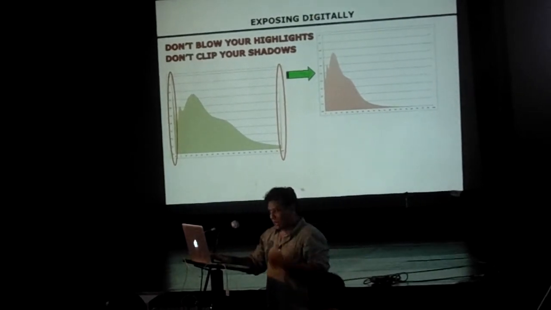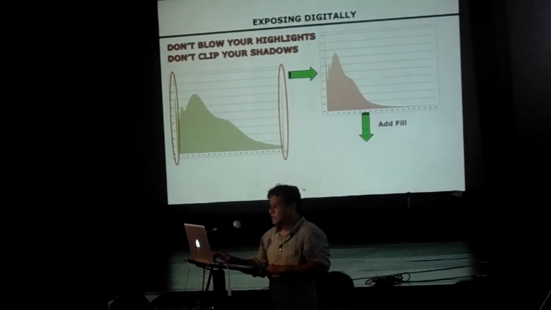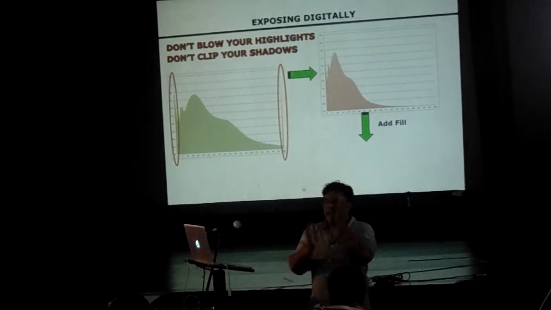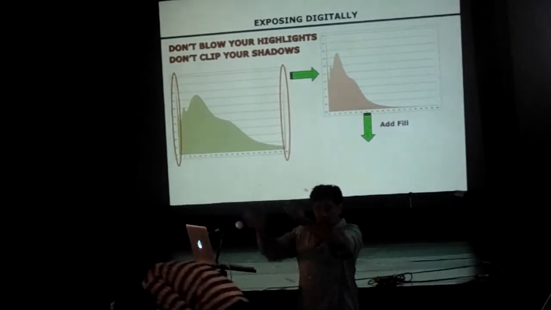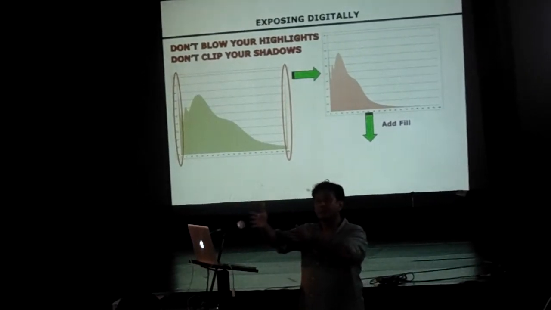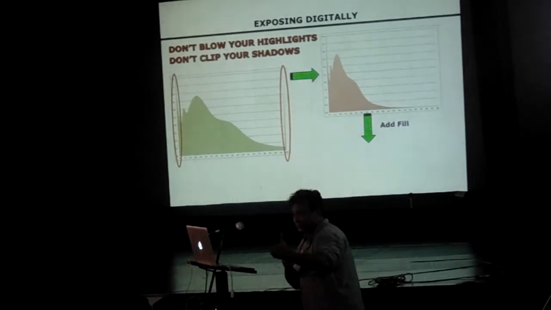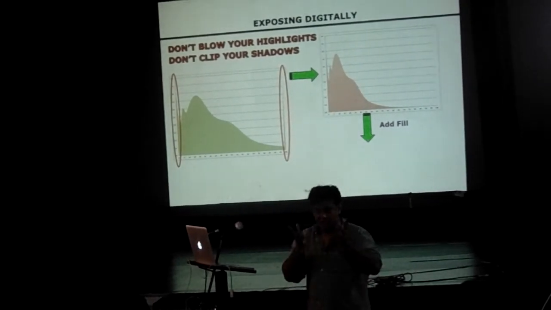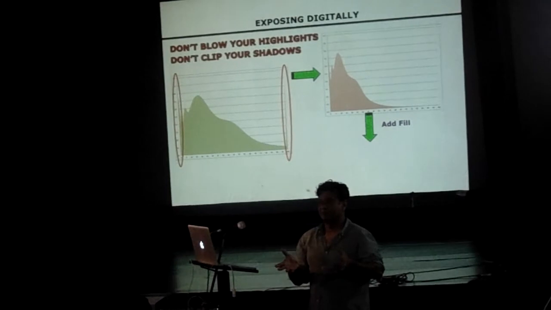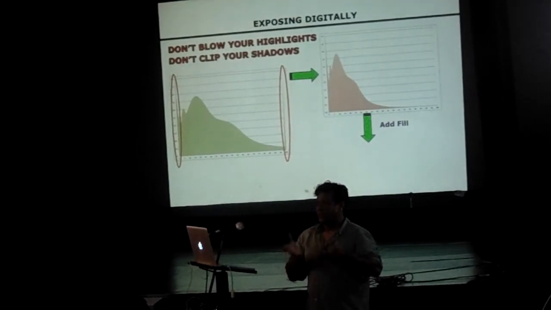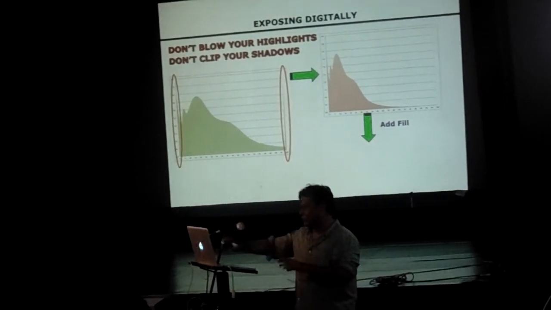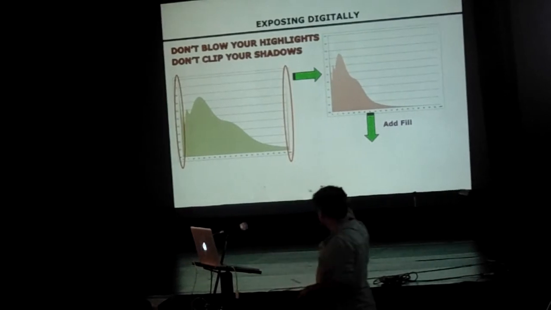So what we did is we added ND filters to actually bring the highlights in and expose the subject properly. Doing this, of course, you've changed the shape of the histogram a little bit.